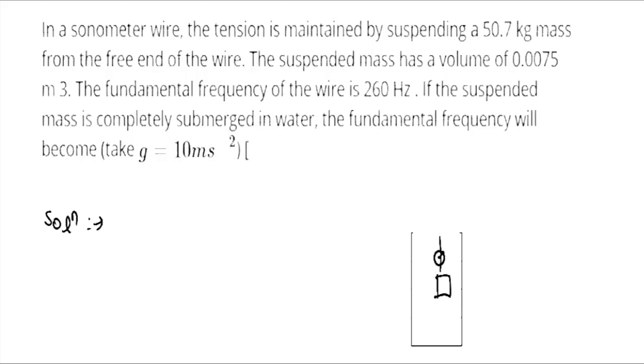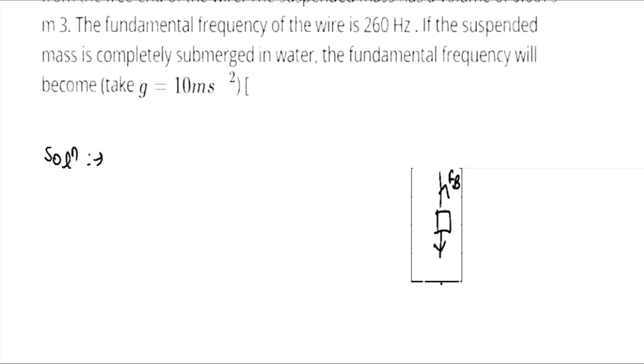In this direction we have the force FB, and in this direction we have mg, mass into gravity. So this is tension 2, and this is tension 1 here. So tension 1 in the wire is mg, mass into gravity.